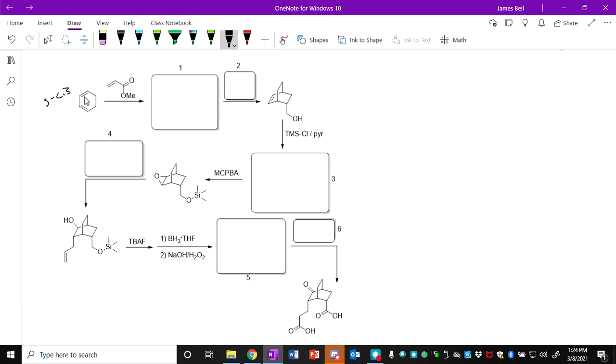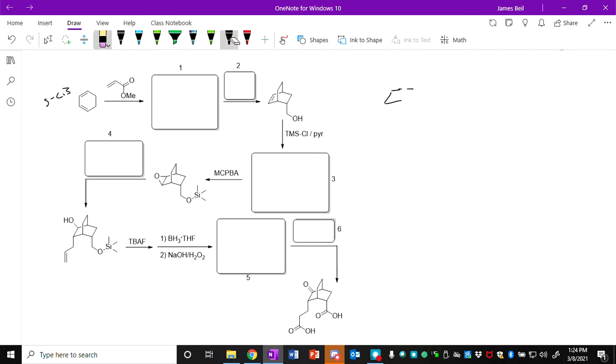But if we could do that, it should quickly react with this dienophile with an electron withdrawing group in the same way we just saw. So what would happen here is I would want to redraw this 6-membered ring. Oops, I made a 5-membered ring.